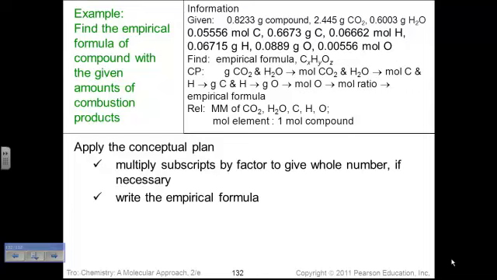This enables us to find the grams of those individual elements. And by a simple subtraction, we're then able to find the missing mass of oxygen, and the procedure becomes just like the others.